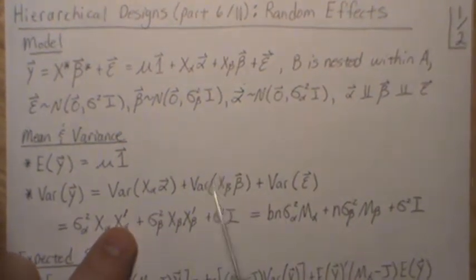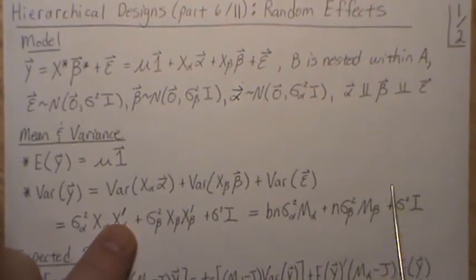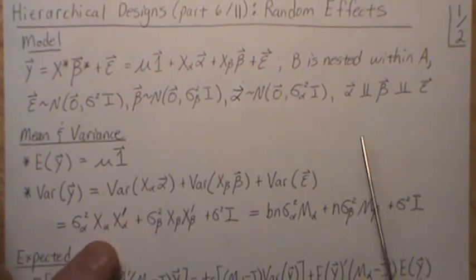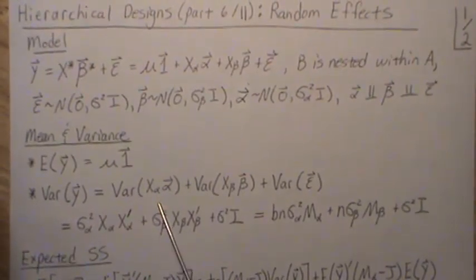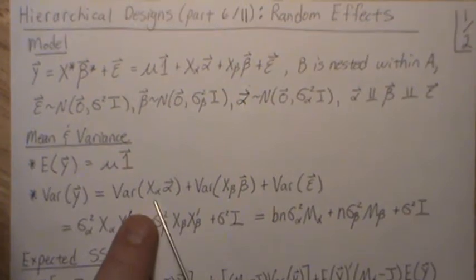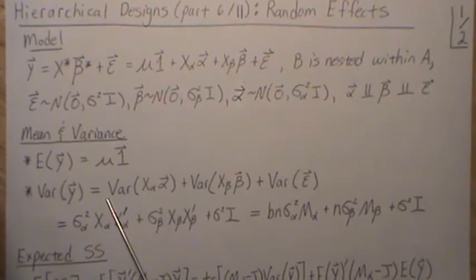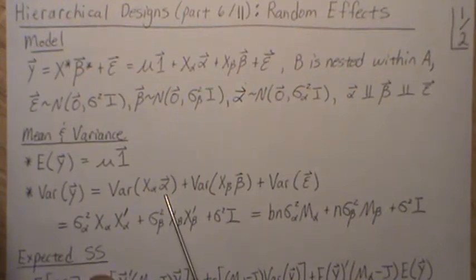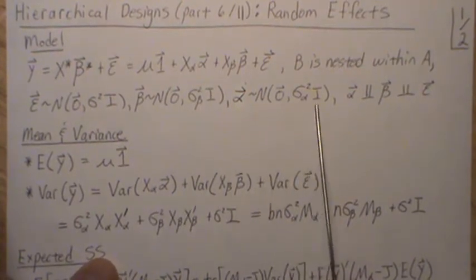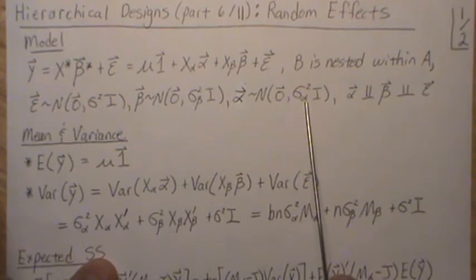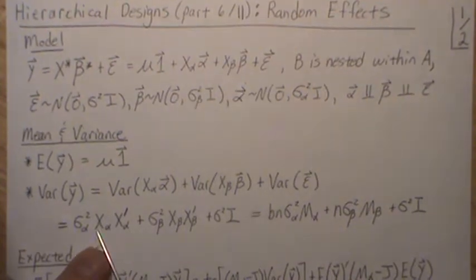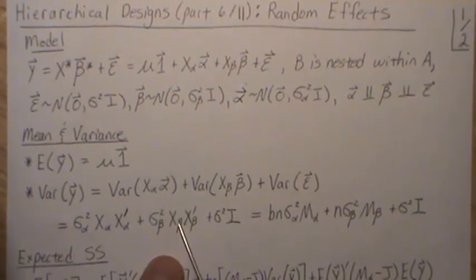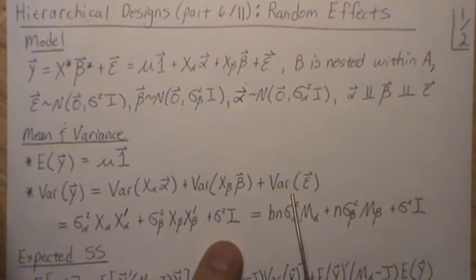But it goes into each term, and there's no covariance because they're independent. And you take the variance of this, and now the x comes out front and then it's transposed out back, and we take the variance of alpha, which is sigma alpha squared times I, and we get this. Same way for the beta term, and the epsilon term is just sigma squared I.